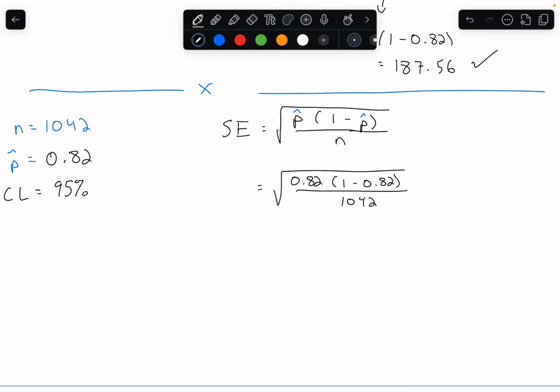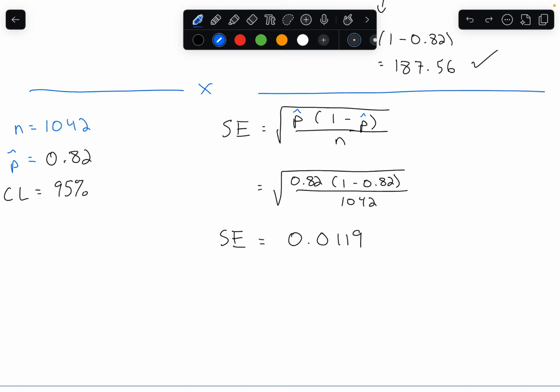But the number that we end up with should be relatively small. So I ended up with 0.0119. I like to round my standard error to 4 decimal places, because the numbers we're going to be working with tend to be very, very small decimals. So there's my standard error.